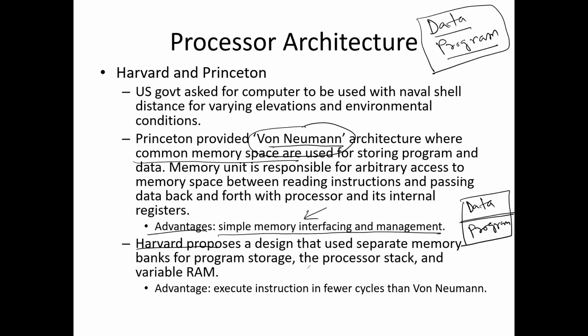Because if I want to access data memory and sometimes also need to access program memory, it needs to search the memory first, and after that it can access data memory or program memory. But in the Harvard architecture, though it is a little more complex, it needs less time, as fewer cycles are needed than in the von Neumann architecture.